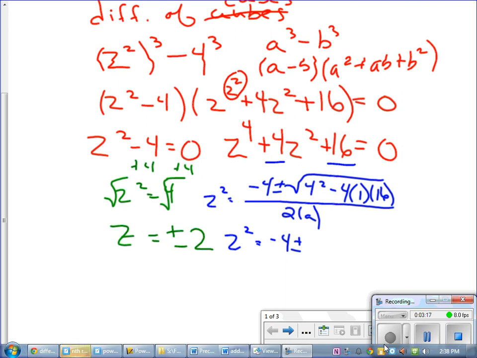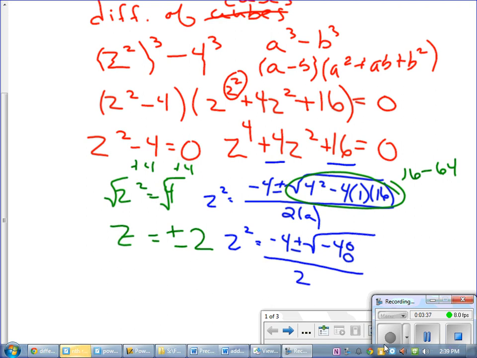Sorry, I misspoke. 4 squared is 16. This piece right here is 16 minus 64, which is negative 48. Oh, a negative under the radical. It's going to be something imaginary. All over 2.